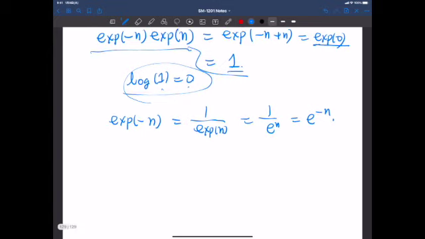So from this, we can see that for any integer, let's say k, (I is confusing, it sounds like the imaginary unit), we have e to the power of k is equal to the exponential function of k.